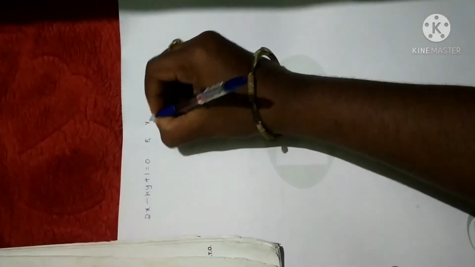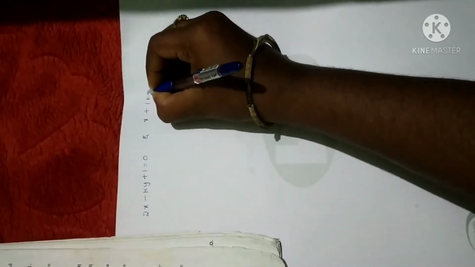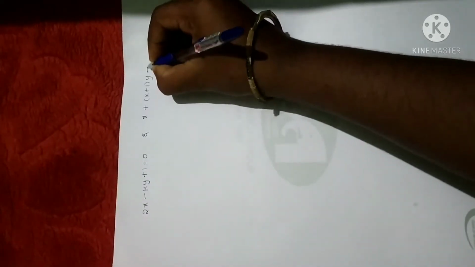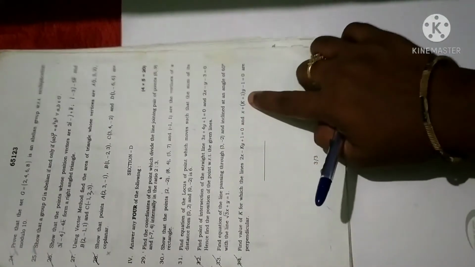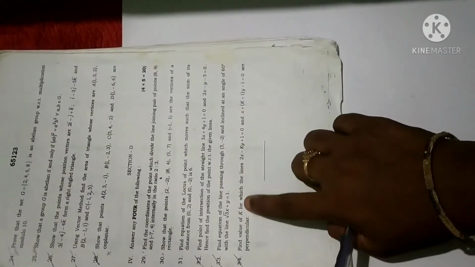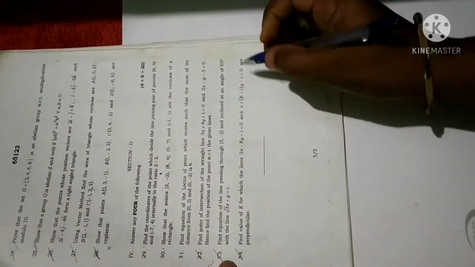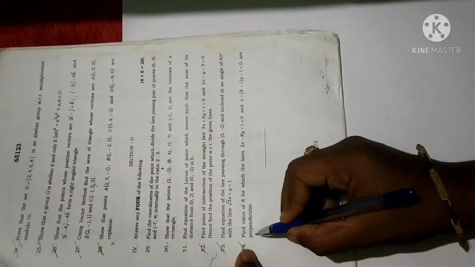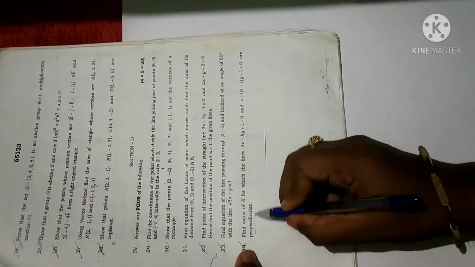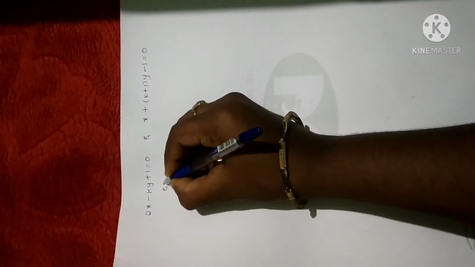And the second line is x plus k plus 1 into y minus 1 is equal to 0. They asked you to find the value of k. The main thing is, the condition is that these two lines are perpendicular. So let me make a note of that.